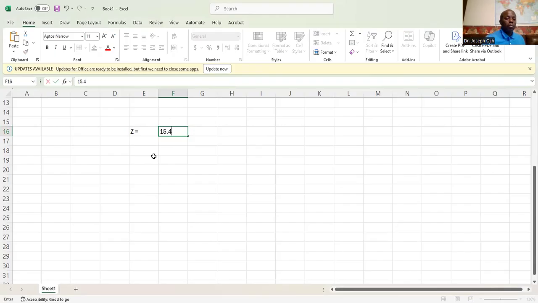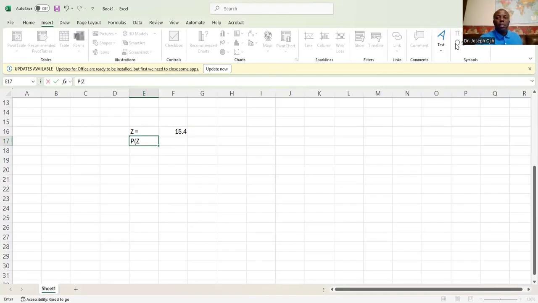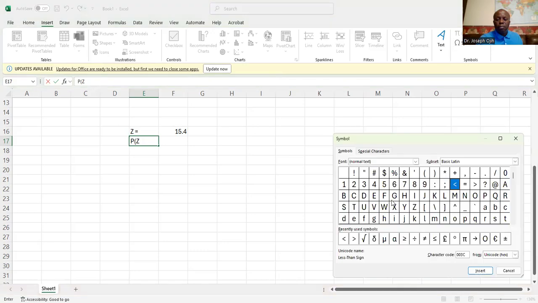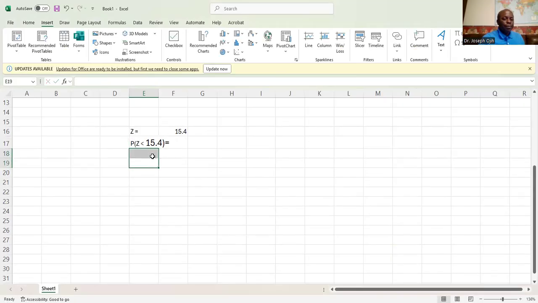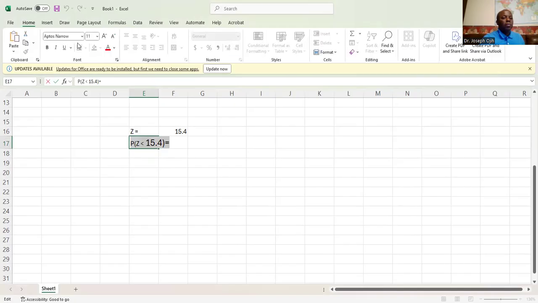So the probability of z less than 15.4 equals, excuse me, let me order them to be the same size.